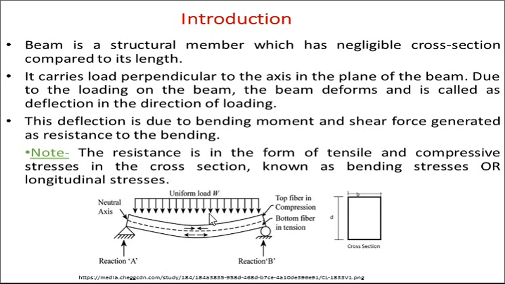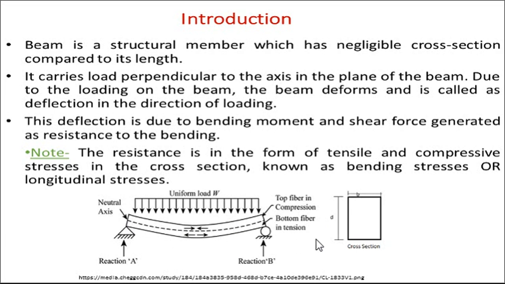This resistance in the form of tensile and compressive stresses in the cross section, that resistance to counteract this bending moment and shear force, is called bending stresses, or it is also called longitudinal stresses, because those stresses are applied in the longitudinal direction.